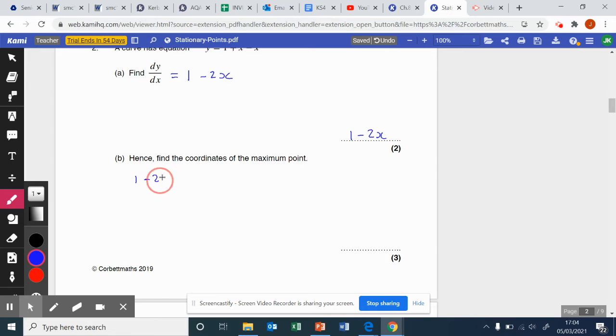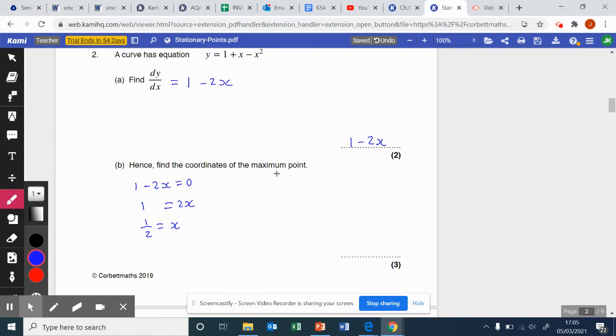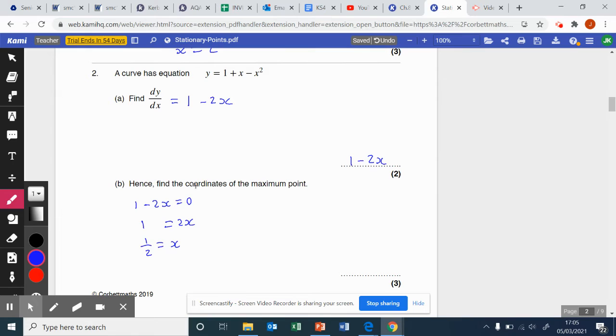So we say 1 minus 2x is equal to 0. Therefore, 1 is equal to 2x. Therefore, a half equals x. So to work out the coordinates, we need to substitute x equals a half into our original equation. So y equals 1 plus a half minus a half squared.